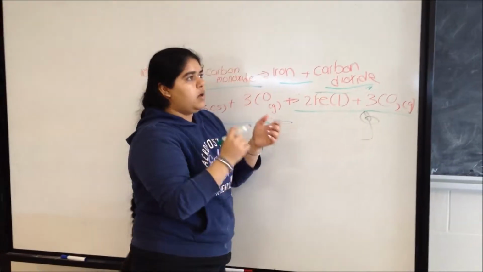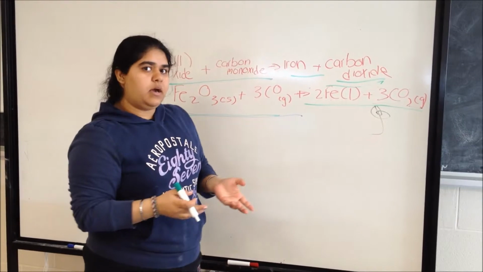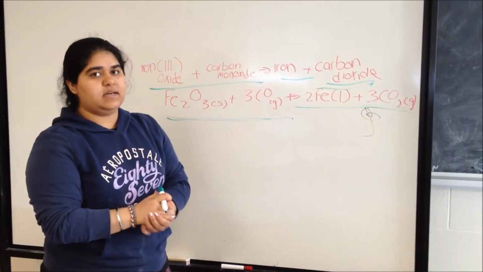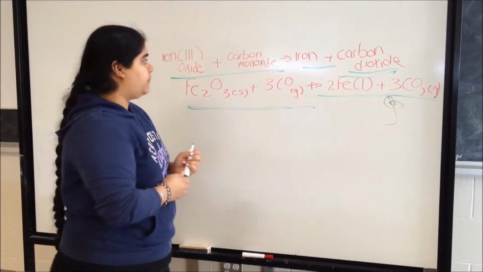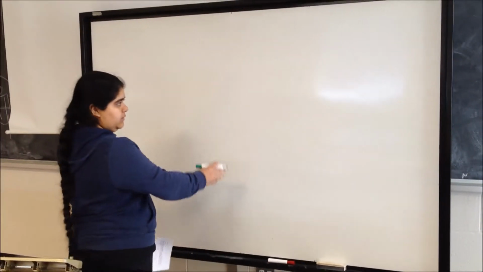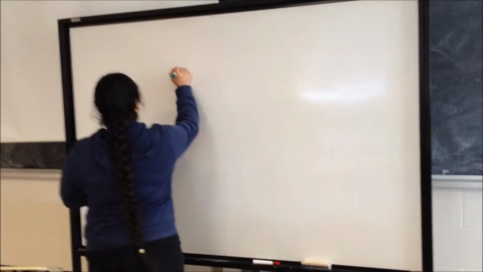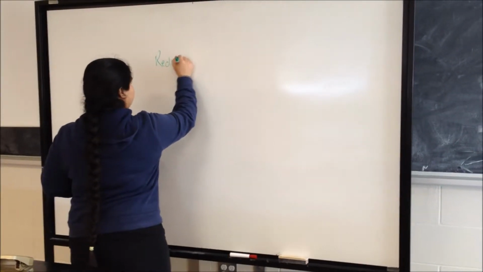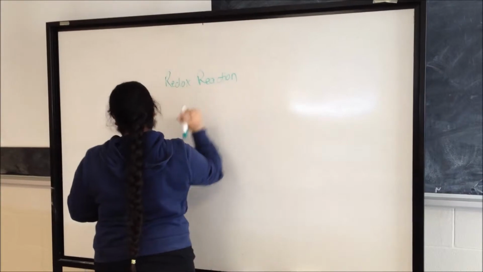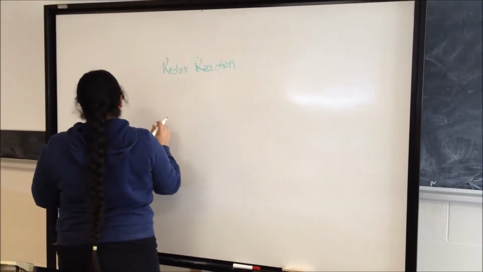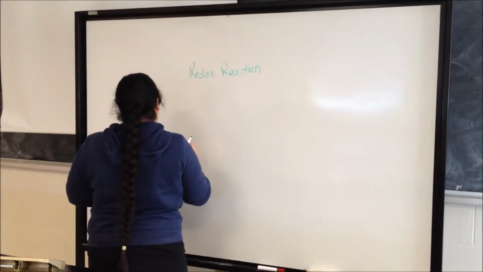Even though plants live on carbon dioxide, if there is too much, it can affect us in a way that our Earth's ozone layer can be affected. And what Nevin forgot to mention was that a redox reaction can also take place. Not all the iron oxide is reduced by carbon monoxide in this way.